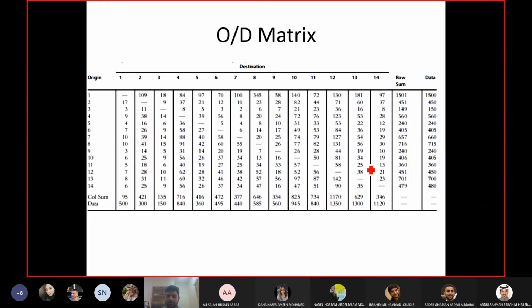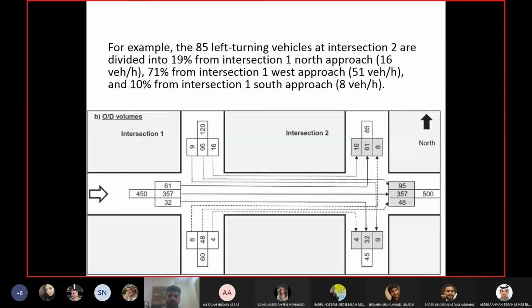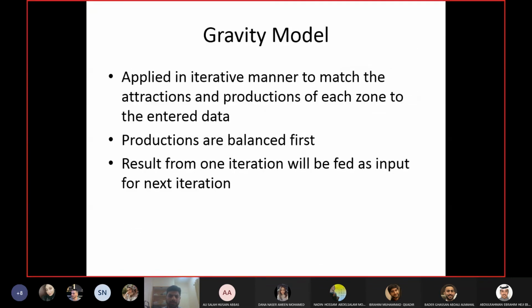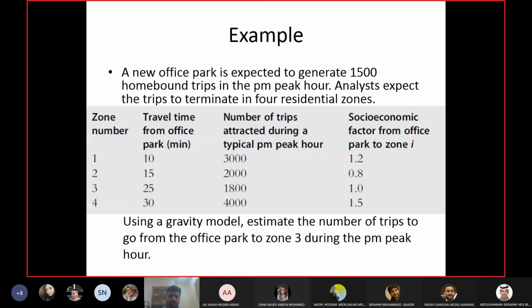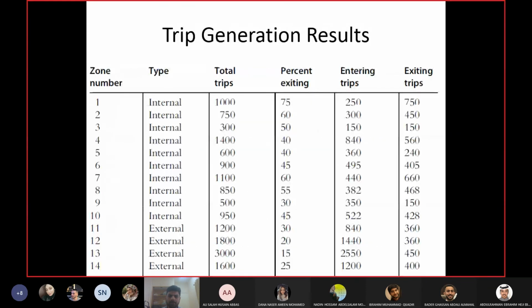You can see for all the other zones, they are using the number of trips produced from each zone. See here, this number of trips produced. And here they are using number of trips attracted, then it should be the number of trips entering.